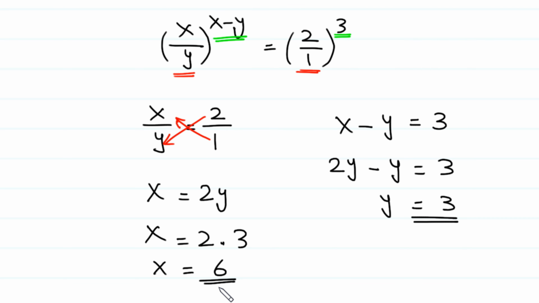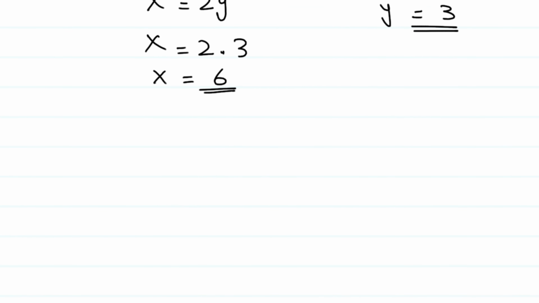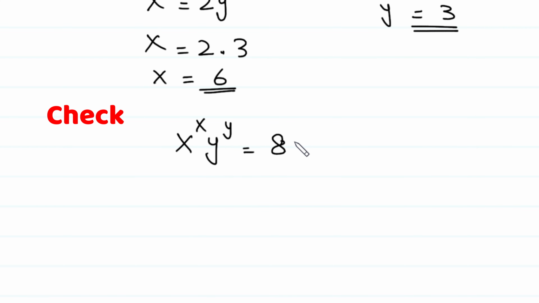Now to verify that these values of x and y are correct or not, we put these values in the original equation. The original equation is x to the power x times y to the power y is equal to 8 times x to the power y times y to the power x.